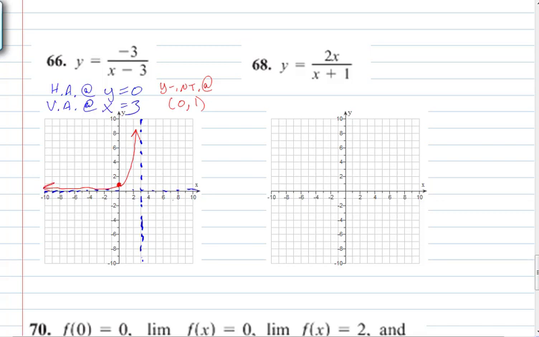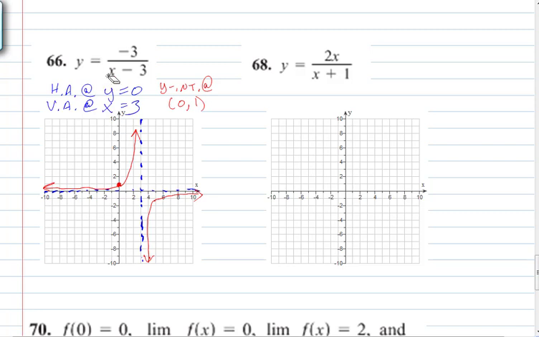And then on the other side, we know that we're going to be going down towards negative infinity as we approach this asymptote from the right. And there's the graph. Just using a little bit of algebra mixed in with a little bit of understanding of one-sided limits.